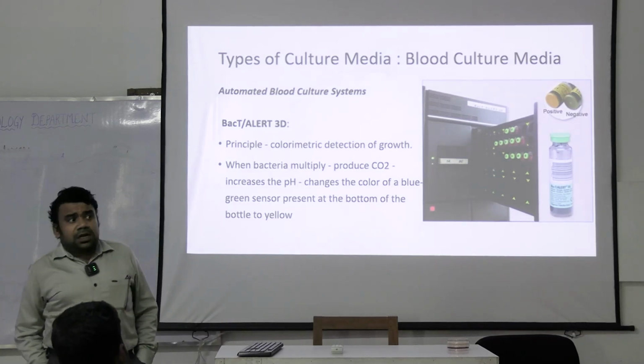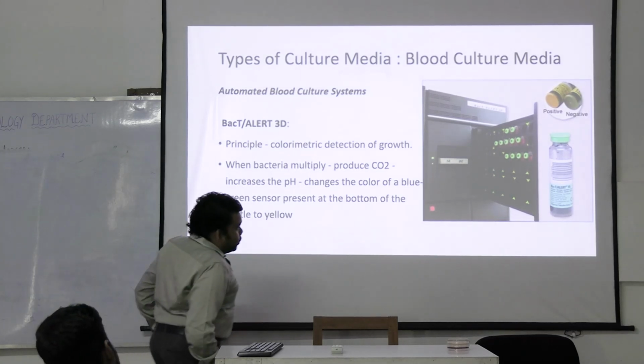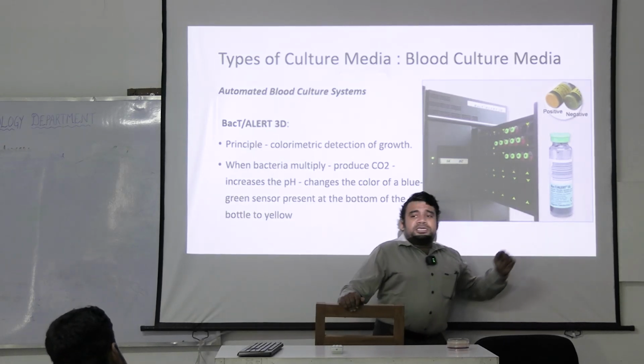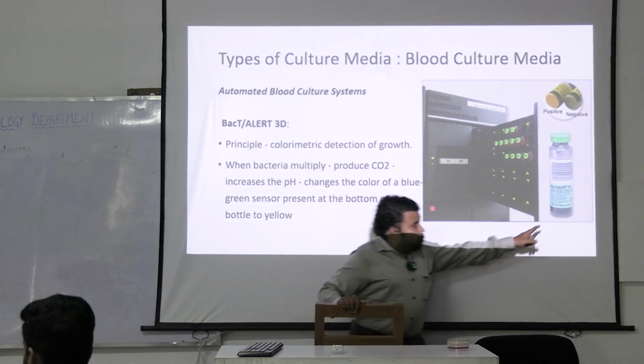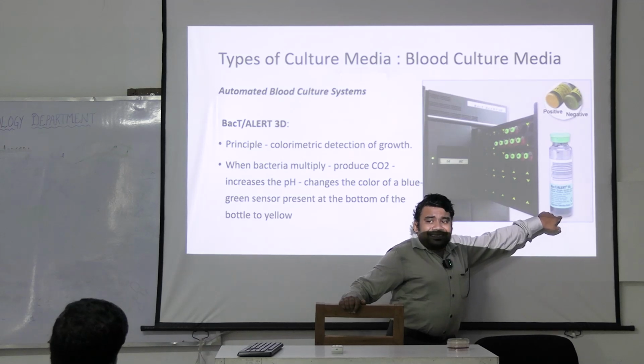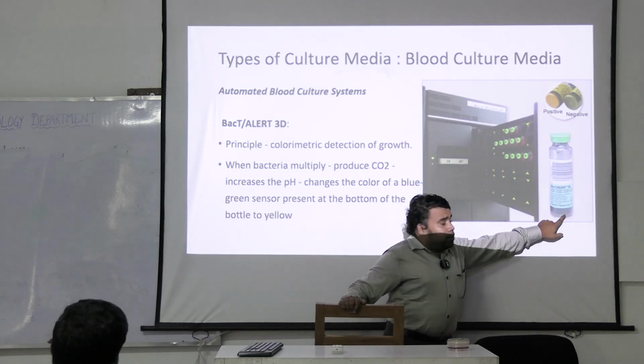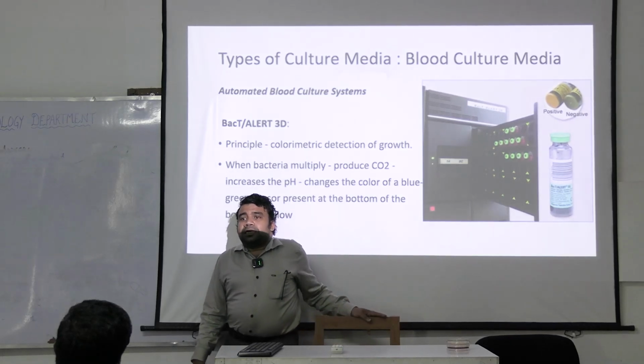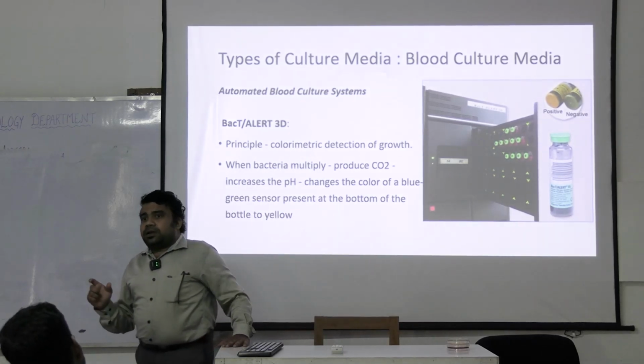They are basically machines in which we use these sort of bottles that are made by the manufacturer, and this bottle will have a disc at the bottom of the bottle. Now, the importance of this disc is that it will have a pigment.